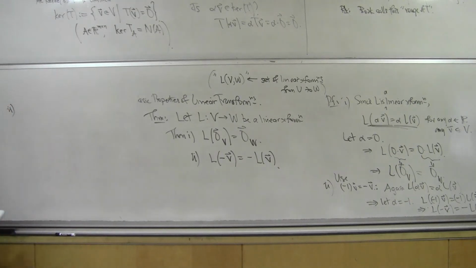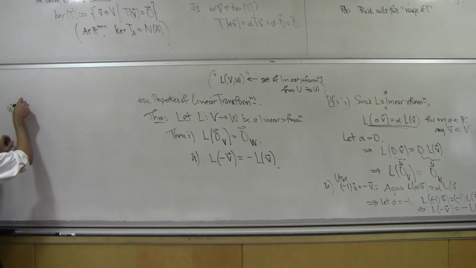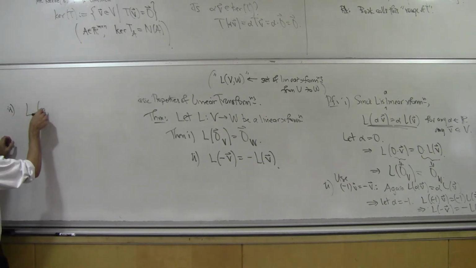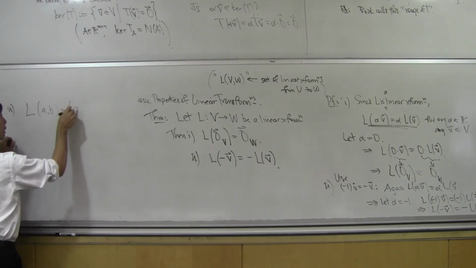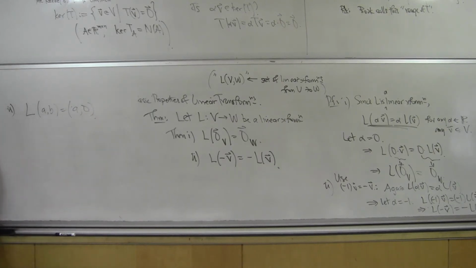Let's go back to example 2, when we were talking about linear transformations, right? We have this guy which was L of (a, b) is (a, 0). What's the kernel? Who gets sent to (0, 0)? What vectors get sent to (0, 0)? (0, b), right?